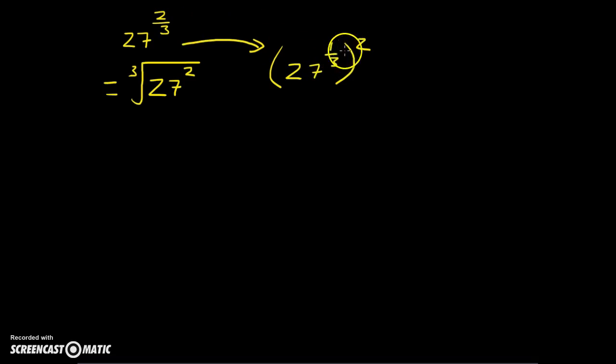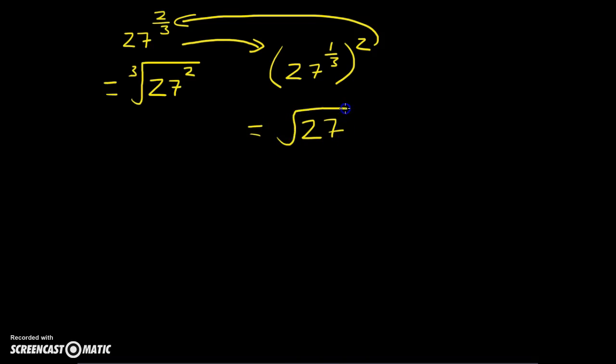So a third multiplied by 2 gives us the 2/3. So I've reversed this process. I've split up the 2/3 into a third multiplied by 2. 27 to the power of a third. That's the same as the cube root, or the third root, of 27. And don't forget the little squared in this particular calculation.